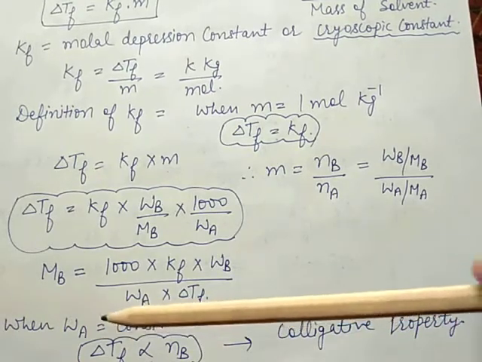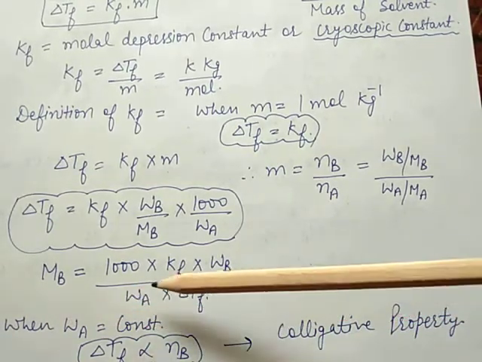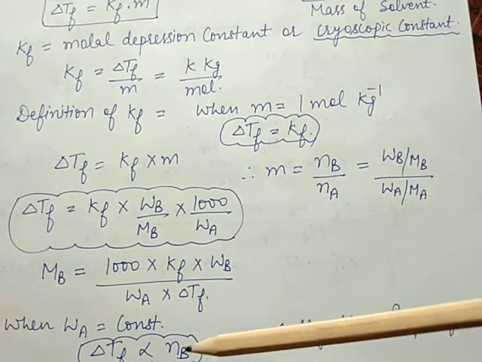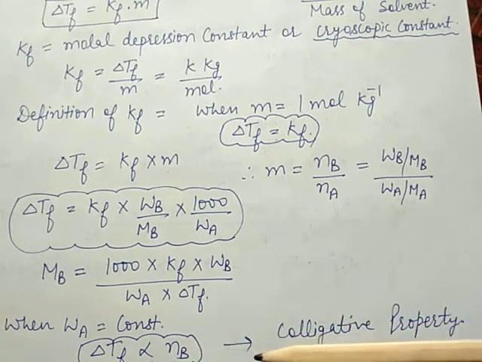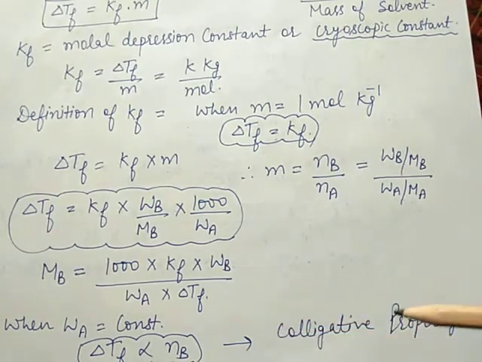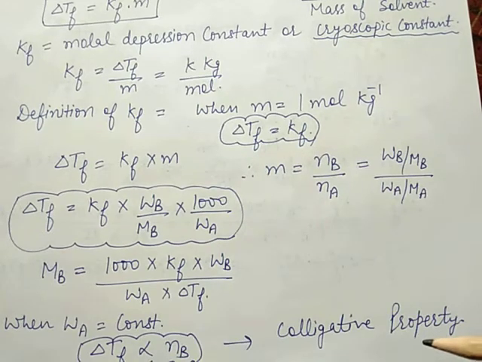Next, if Wa is constant, then delta Tf depends on the number of moles of solute. It is a colligative property which depends only on the number of moles but does not depend on the nature of solute particles.